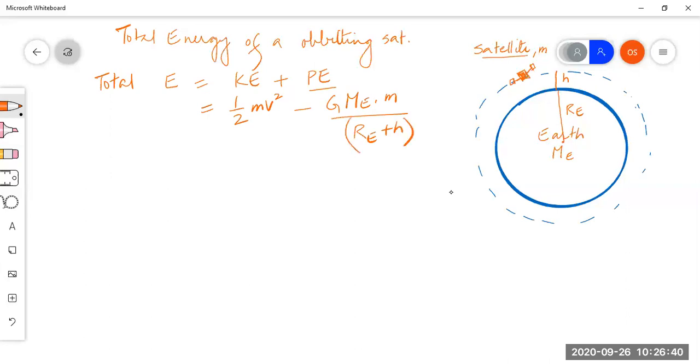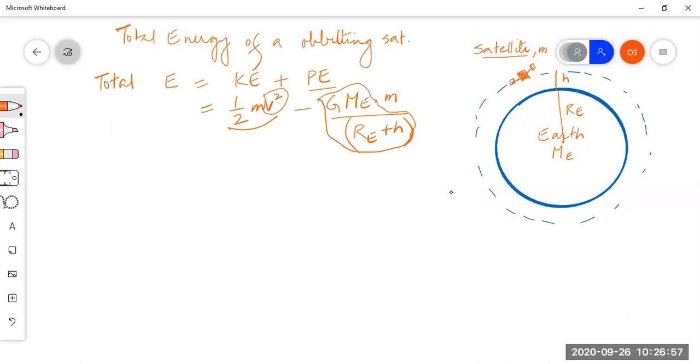Now, these two are not like terms. In case we are able to express v square in terms of G M e by Re plus h, we could always subtract them.